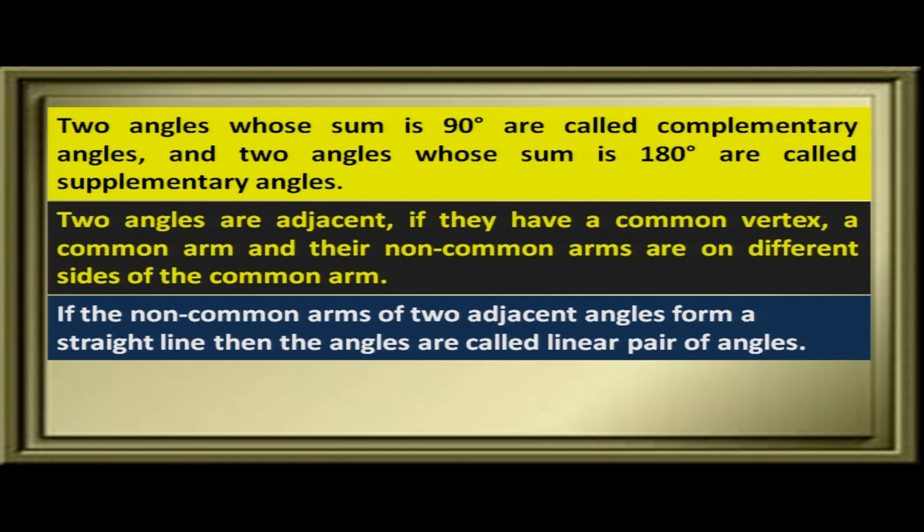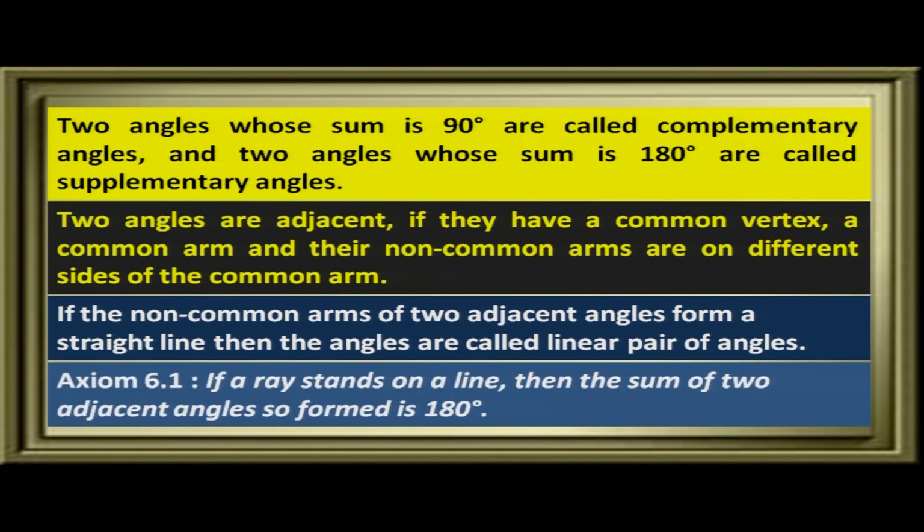If the non-common arms of two adjacent angles form a straight line, then the angles are called linear pair of angles. Basing on this, we have an axiom, that is, if a ray stands on a line, then the sum of two adjacent angles so formed is 180 degree.